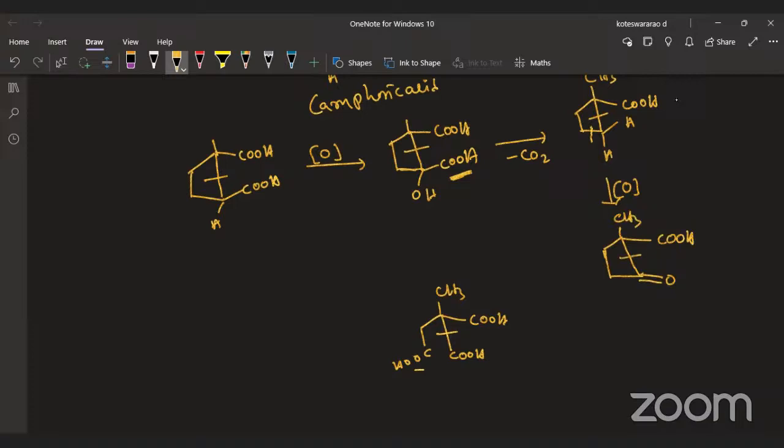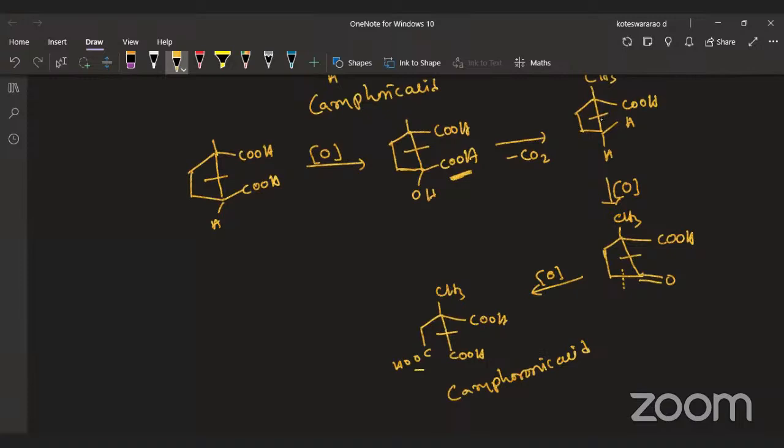Yes, this keto product is generated. Once the keto product is generated, it is subject to further over-oxidation. Then it leads to breakage of this bond. Right. This is the tricarboxylic acid. This is camphoronic acid. Right.